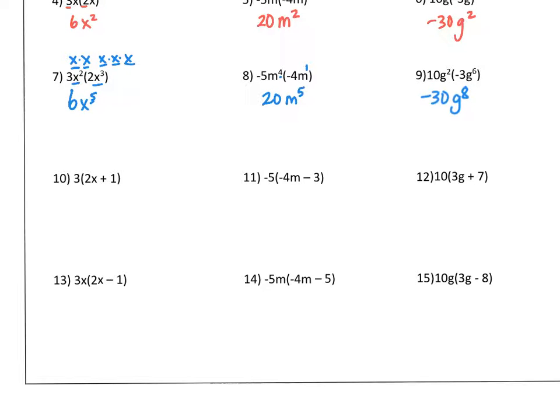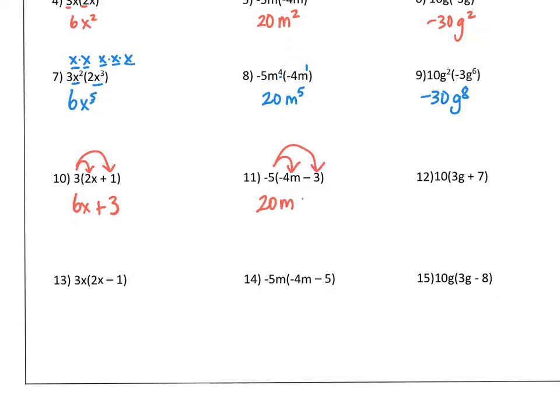Okay, we can also multiply a monomial by a polynomial. So if I want to multiply into the bracket, I have to distribute. Okay, so 3 times 2 is 6x plus 3 times 1 is 3. Careful of your signs here. Negative 5 times negative 4 is positive 20m.